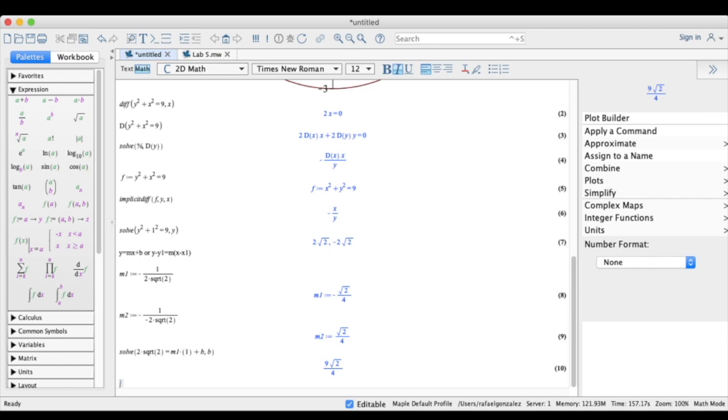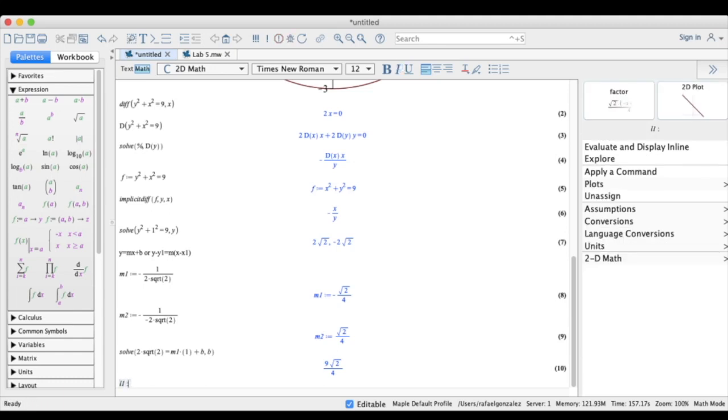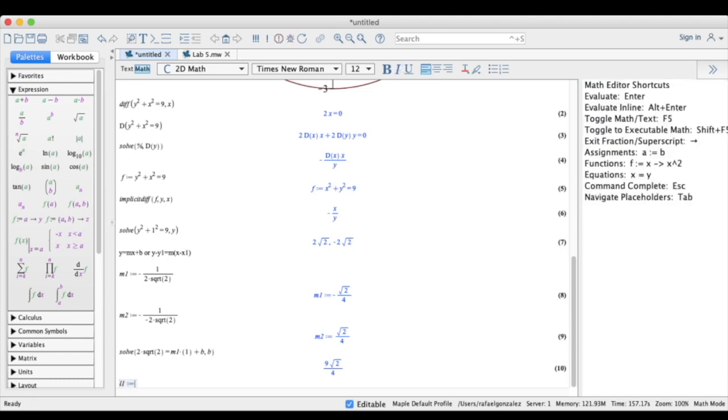So now I have that my y-intercept, when I do this, is 9 times the square root of 2 over 4. So I have that the y-intercept of the line is 9 times square root of 2 over 4. So my first tangent line, I'm going to call it L1, is going to be the following.